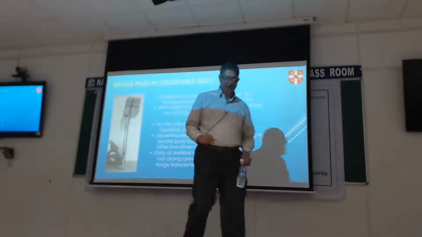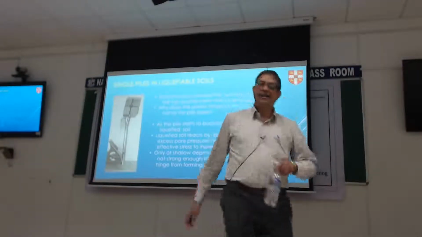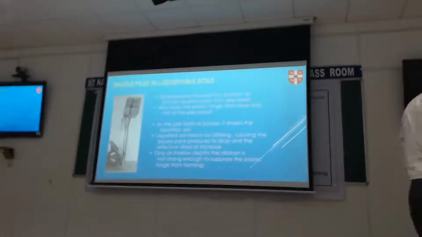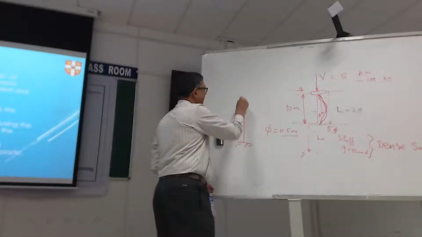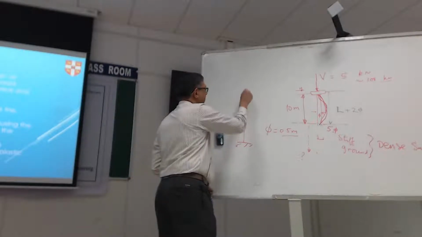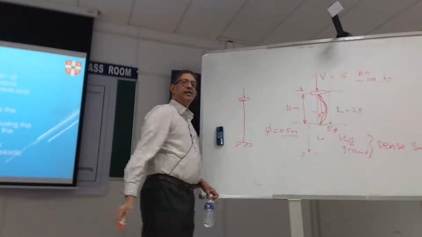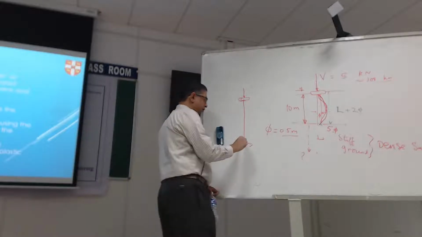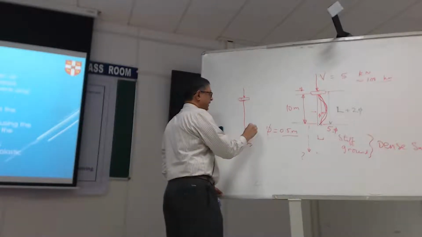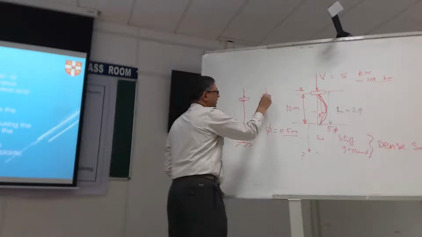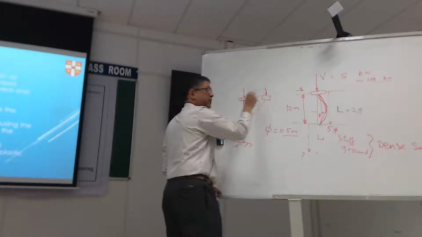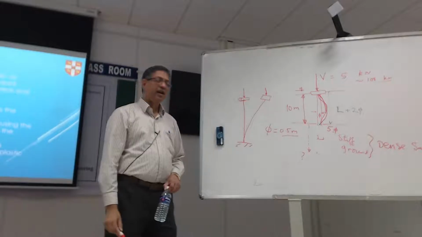Now, conventional structural analysis will tell you if I have a cantilever and I'm applying a buckling load, the buckling mode for this has to be like this. I'm still maintaining my vertical load.